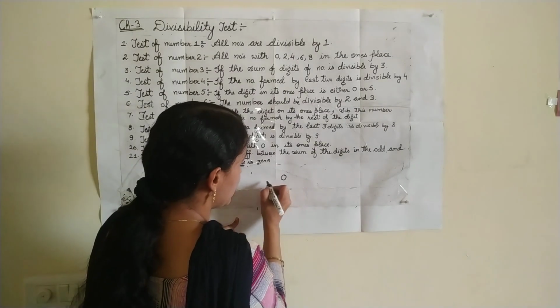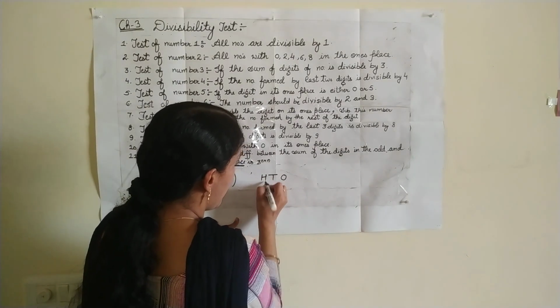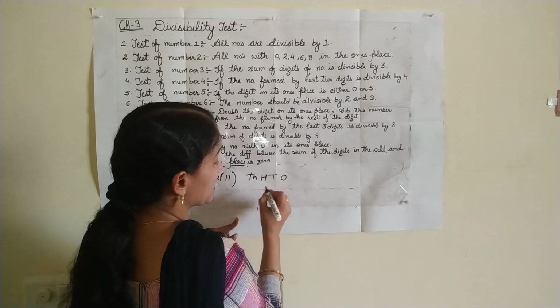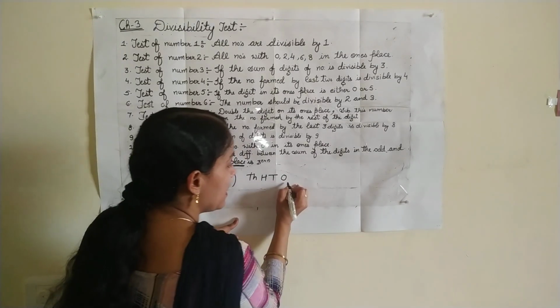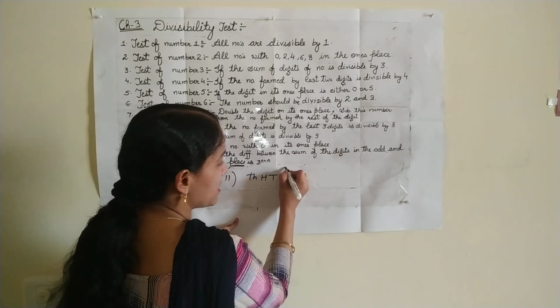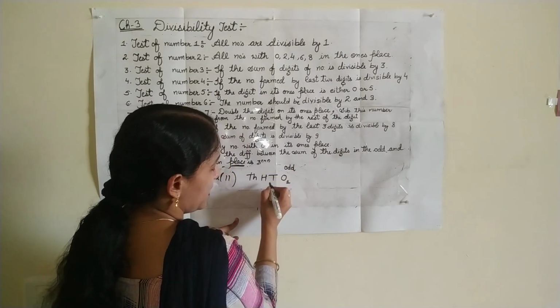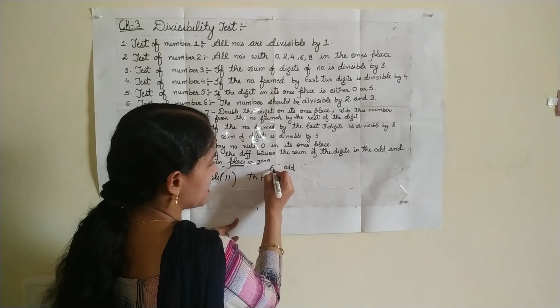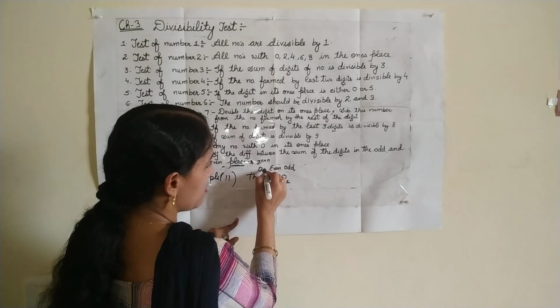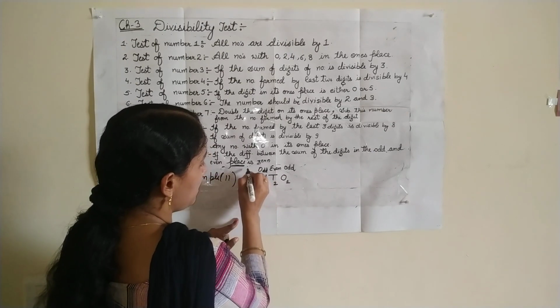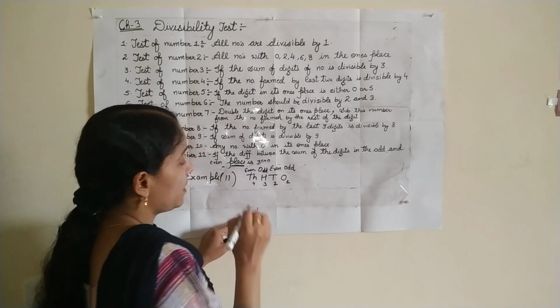Just check here ones place, tens place, hundreds place and thousands place. Which are the even places and which are the odd places? This is the first one, that means this is odd. This is the second one, that means this is even. Third place, that means this is odd. Fourth place, that means this is even.